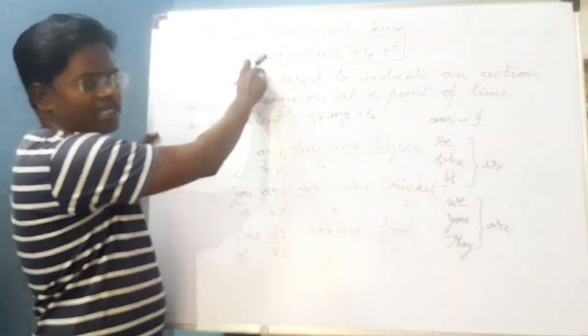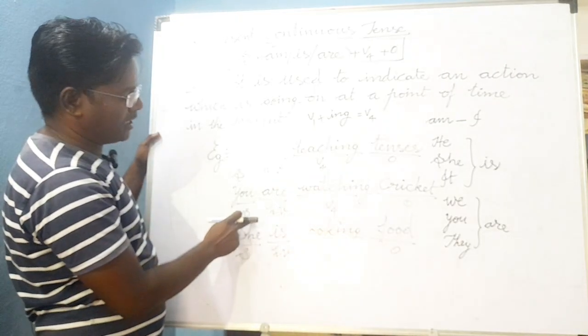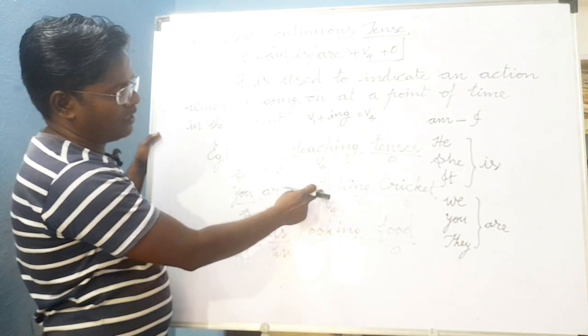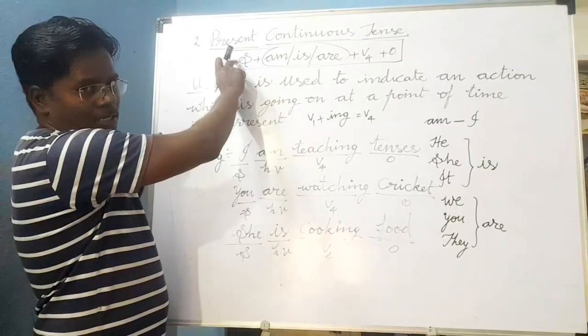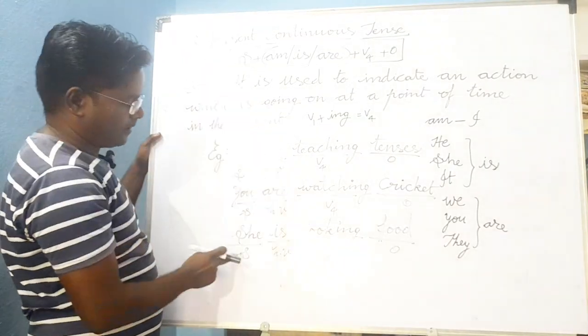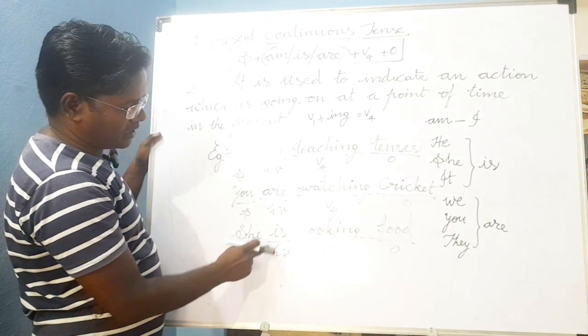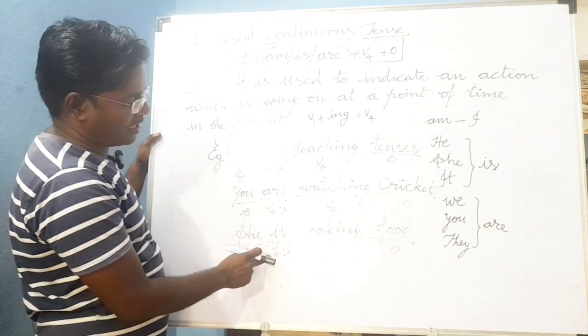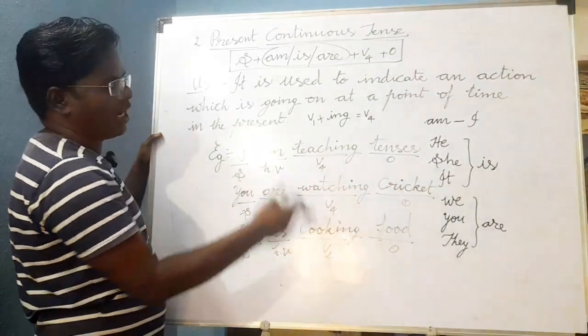So we follow this structure, right? You are watching cricket. You is the subject and are is a helping verb and watching is V4 form and cricket is object. It also follows this structure, and then she is cooking food. She is the subject and is is helping verb and cooking is V4 form and food is object.